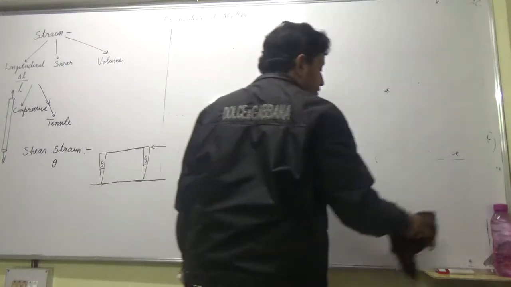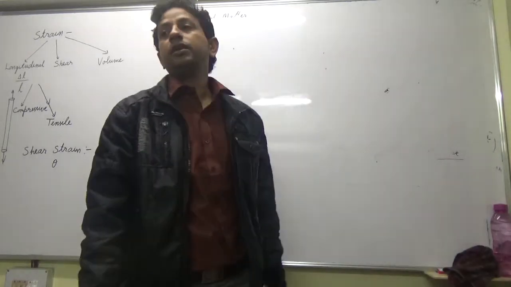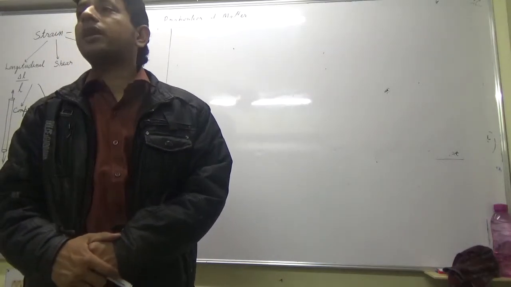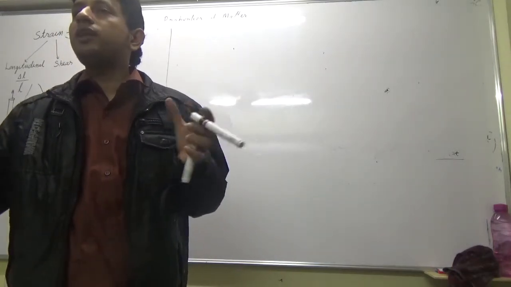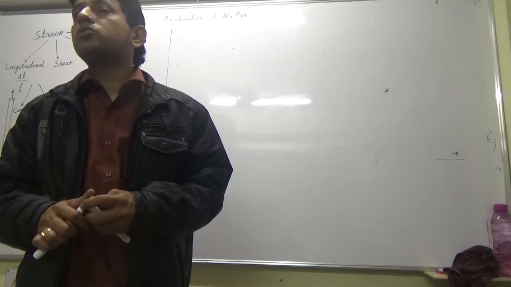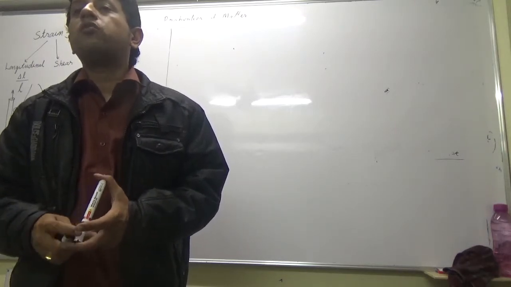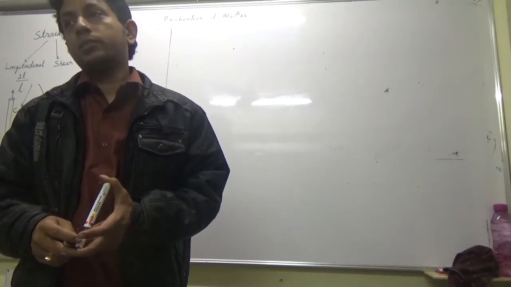This volume strain is what? Corresponding to a pressure. If we apply pressure on a liquid or solid or gas, its size will decrease. So that kind of strain is called volume strain. Okay.